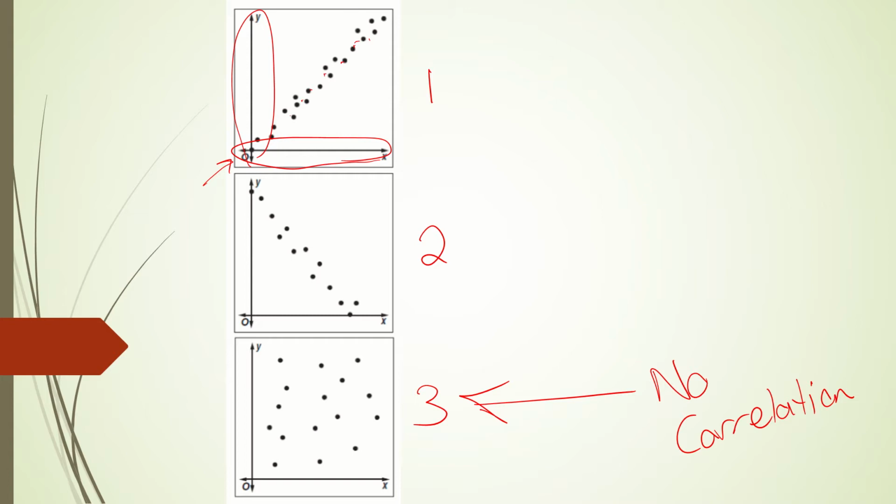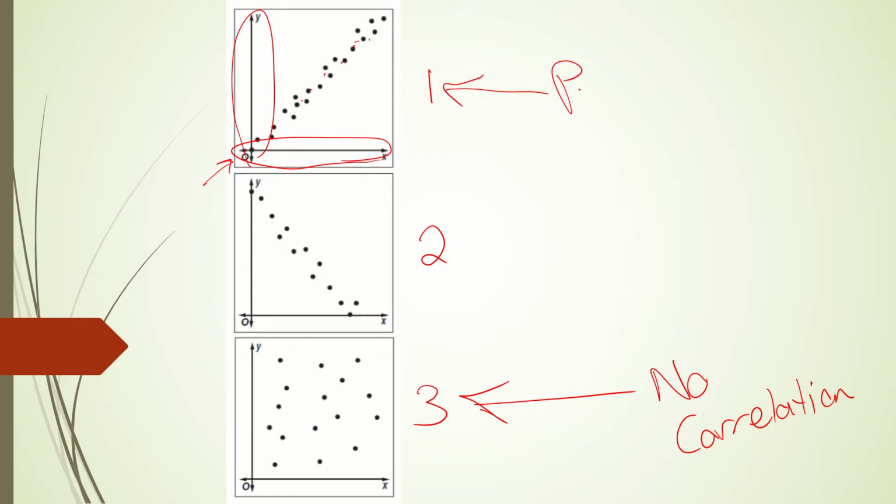So which one do you think is going to be the positive correlation, and which one do you think is going to be the negative? So we can tell there is a relationship in both graph number 1 and graph number 2, because we can see the points are gathered together, and in number 1 the points are trending upwards. So does that sound like it should be positive or negative?